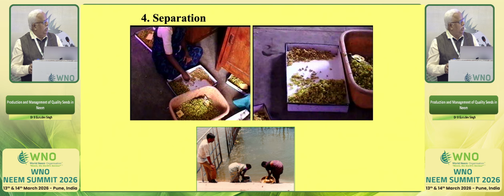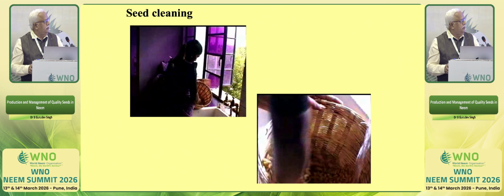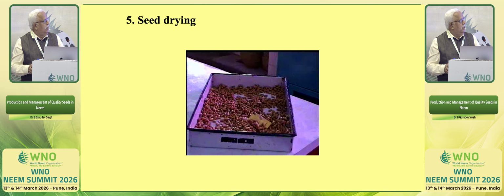Okay, and wherever facilities are there, if there is a river side or stream side, do the processing of the fruits there itself. If you do the processing quickly, the damage to the seeds will be less. So these are the seeds which have been extracted from the fruits.